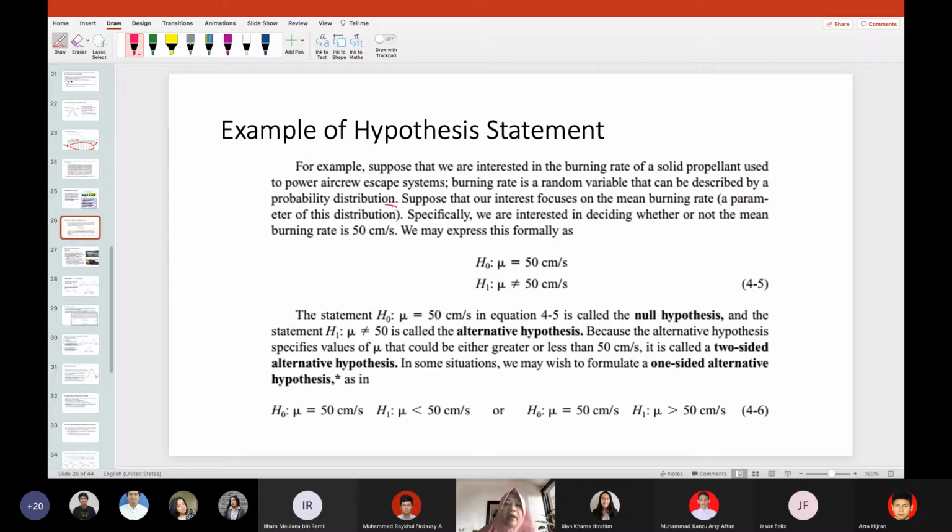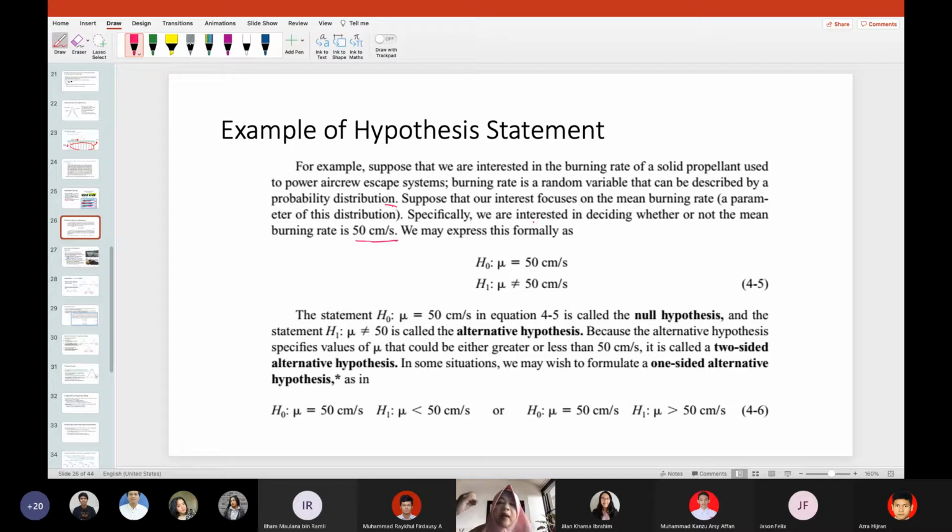Especially, we have a claim, or we're very interested in deciding whether the mean burning rate is 50 centimeters per second or not. We want to decide if the mean burning rate of this solid propellant is 50 centimeters per second or not.